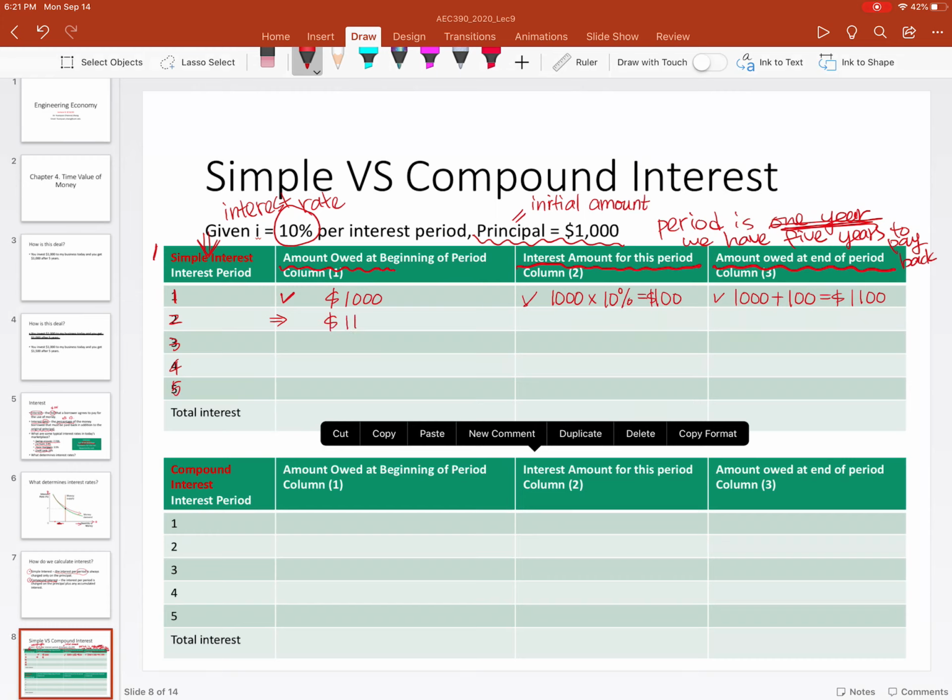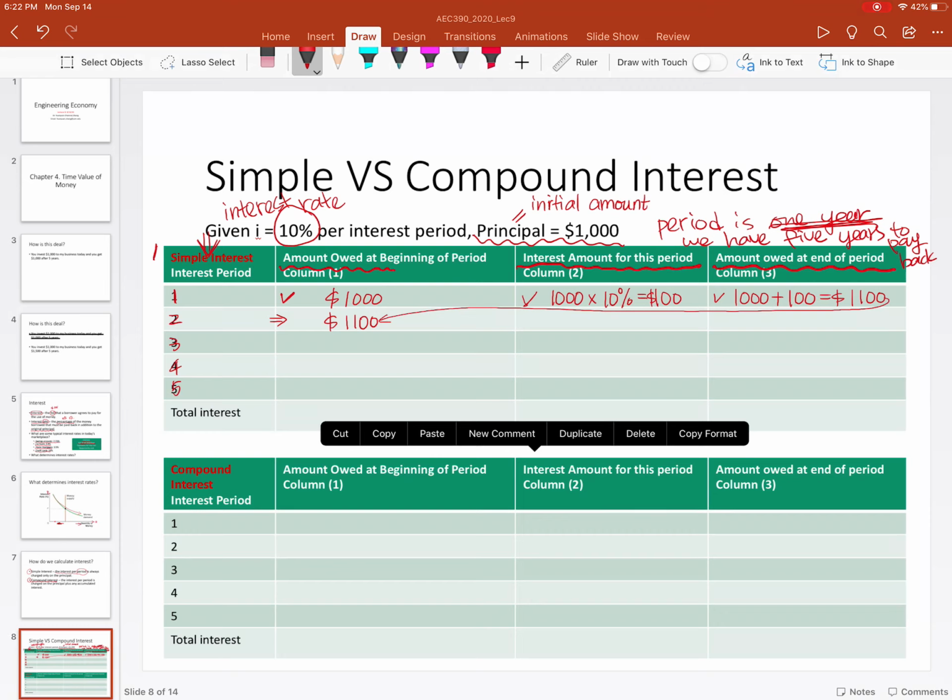So you can just copy that number here. And this number is from here. Okay? That makes sense because the end of the first year, how much you owe, will be the amount at the beginning of the second year, right?